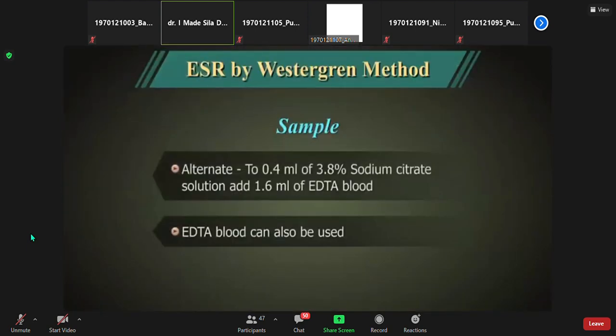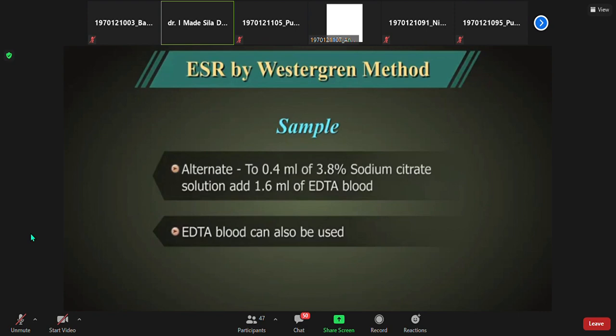Alternatively, measure 4 milliliters of the 3.8% trisodium citrate solution with the help of a pipette or syringe into a clean and dry tube. Draw venous blood and immediately place 1.6 milliliters into the trisodium citrate solution.